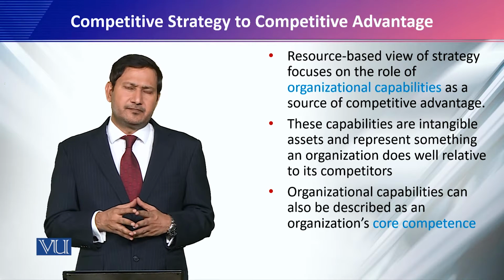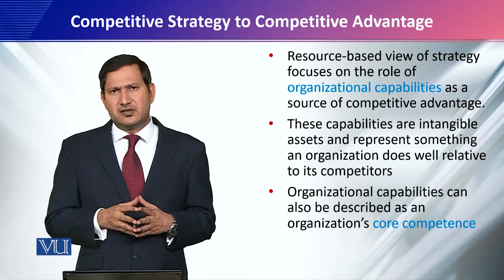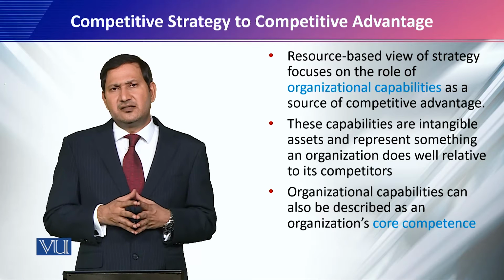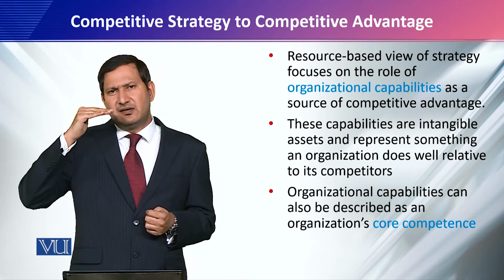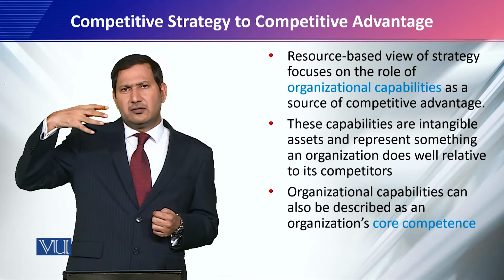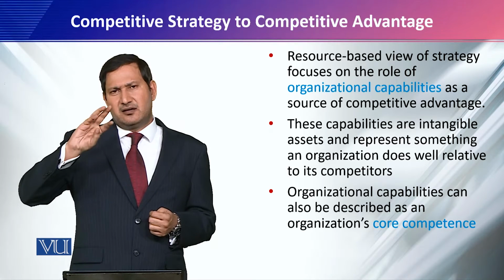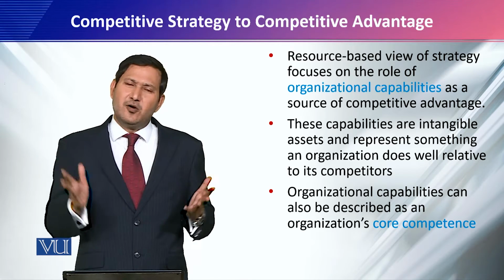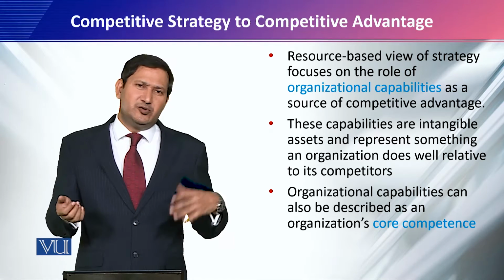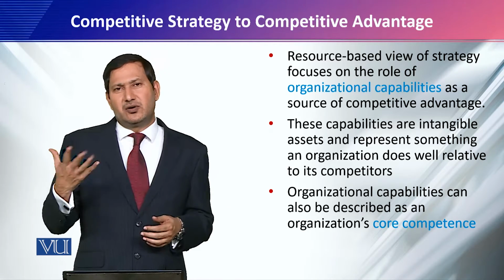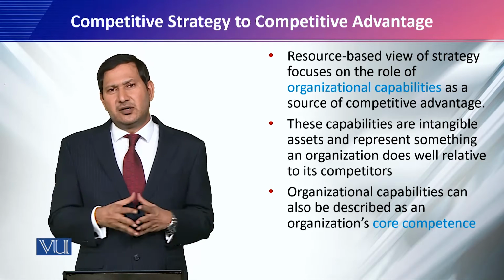What's that? According to the low-cost strategy and differentiation strategy, you have to develop these two sources of competitive advantage based on external factors, customers, competitors, what your customers want, what your competitors are offering. You differentiate your product, what your customers want, or you control the price.